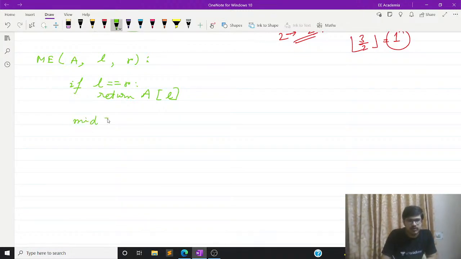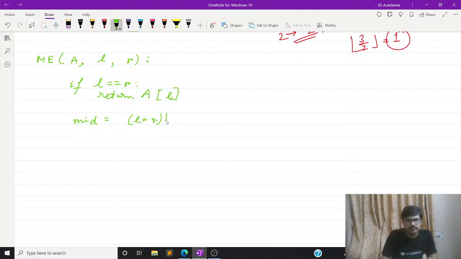Otherwise, I divide the array in two halves, so I can write mid equals left plus right by 2.